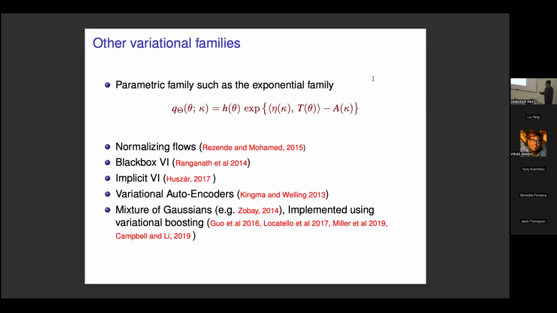So one can think about other variational families, for instance, restricting to members of the exponential family. More expressive variational families are also very popular nowadays, starting with normalizing flows, black box variational inference, and implicit variational inference.